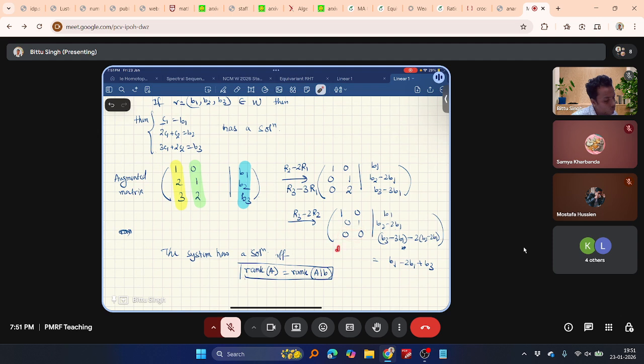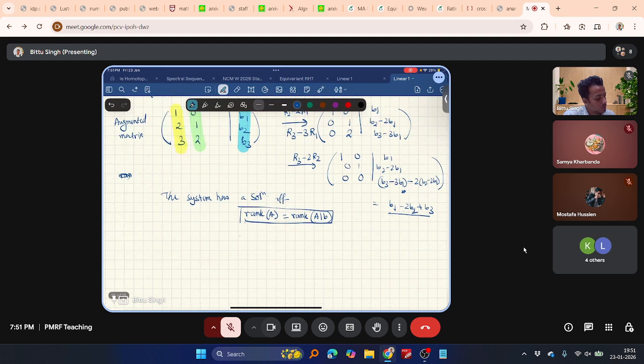So there is no combination 0x plus 0y that should be the same as some scalar. So then that scalar must be the same as this 0x plus 0y, which is 0, right? So this must be 0. This is the necessary and sufficient condition. So here this is actually b1 minus 2b2 plus b3.